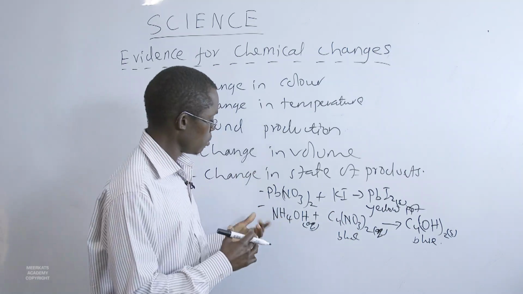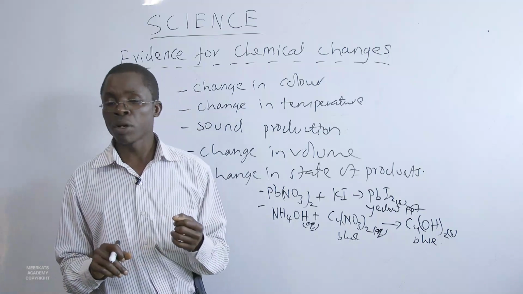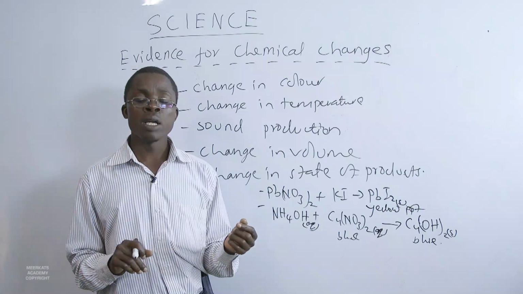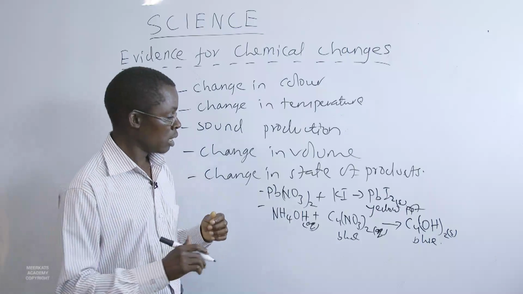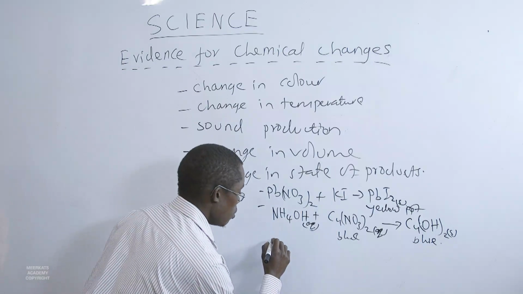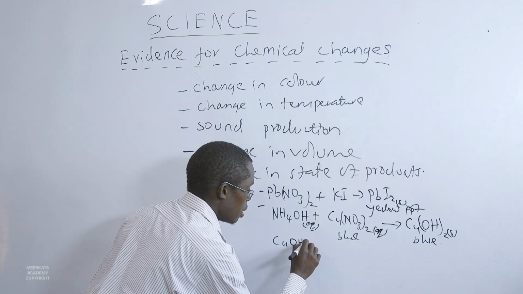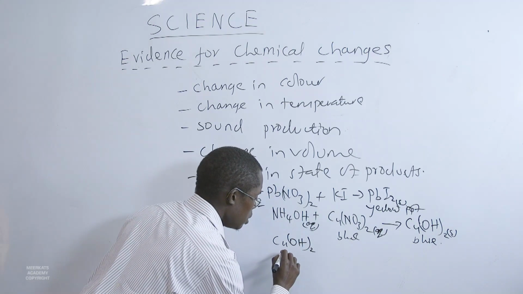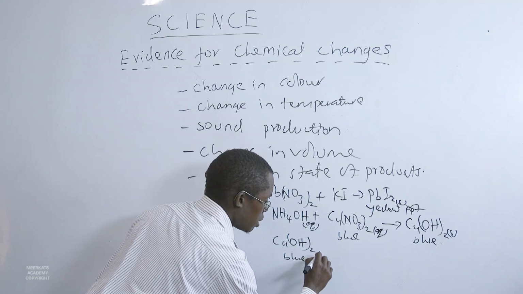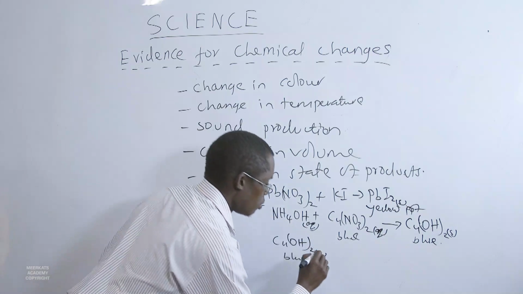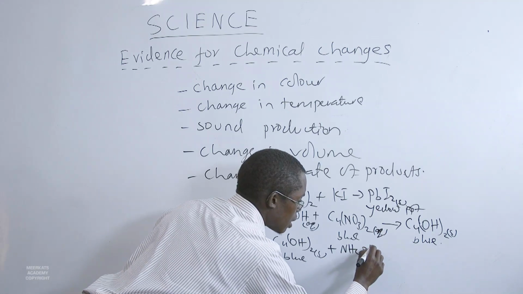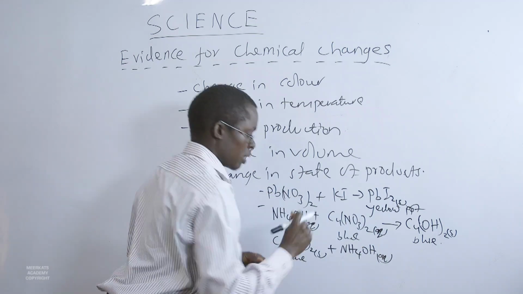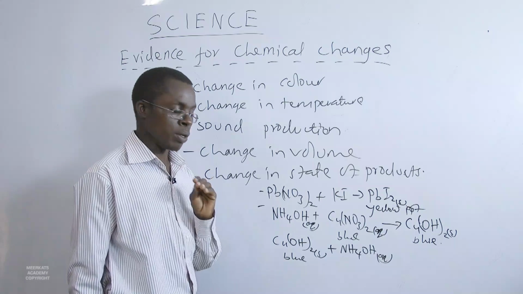You can go further with this reaction by using more of the same ammonium hydroxide, such that you have your copper hydroxide, which is a blue precipitate, and you add more of the ammonium hydroxide, which is aqueous, liquid.